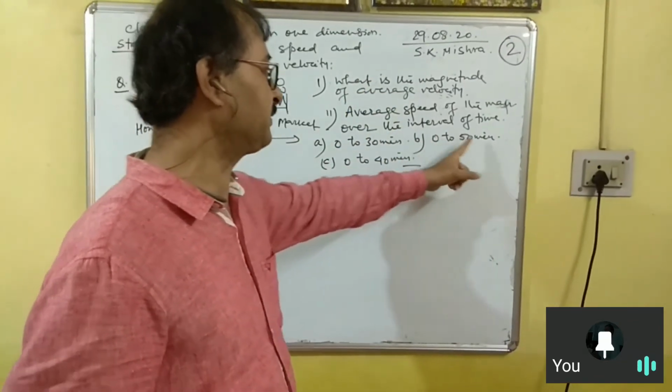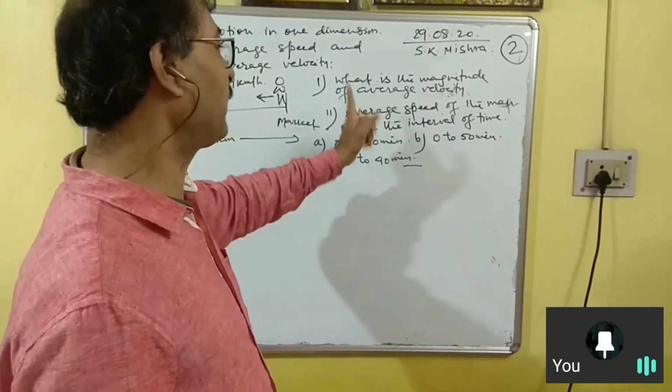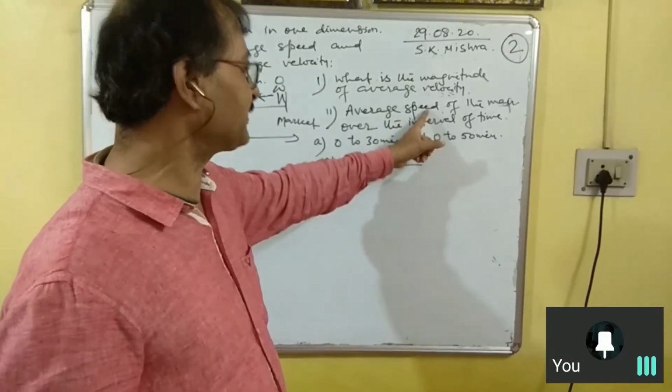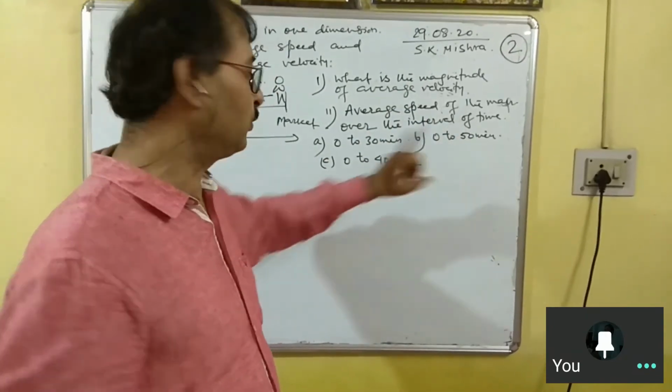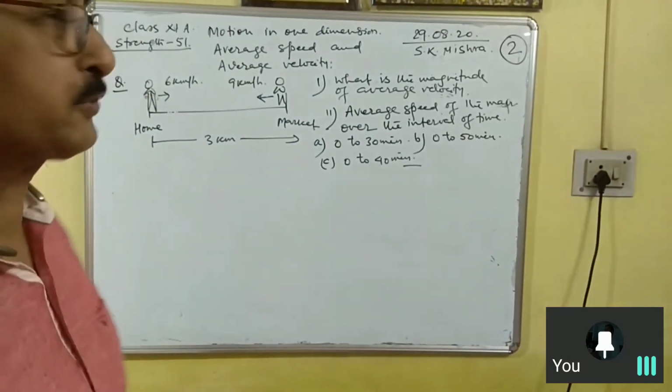In 0 to 50 minutes? In 0 to 40 minutes? And then what is the average speed in 0 to 30 minutes, in 0 to 50 minutes, in 0 to 40 minutes? This way you have to solve.